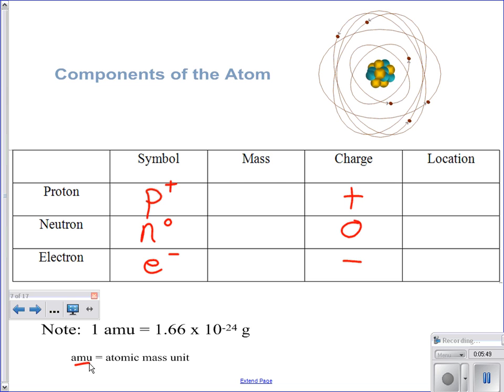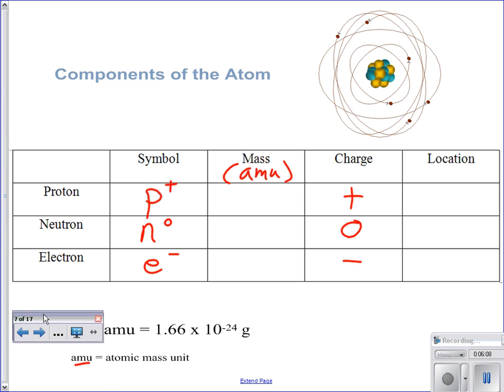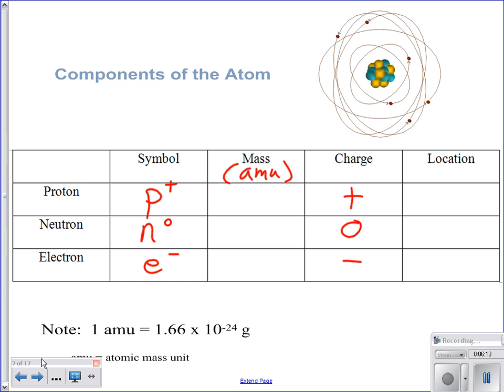So under mass, let's write that in, because it really would not be very useful for me to talk in terms of how many grams a proton weighs, or an electron or something like that. The grams would not be very meaningful for us. So we come up with a standard, and that standard, like we said, was based on the carbon-12 atom.